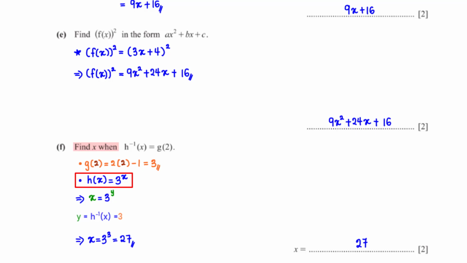To get h inverse of x, we replace h of x with x and replace x with y. Y is the same as h inverse of x. H inverse of x is equal to g of 2, which we found to be 3. So x is 3 cubed, which is equal to 27.